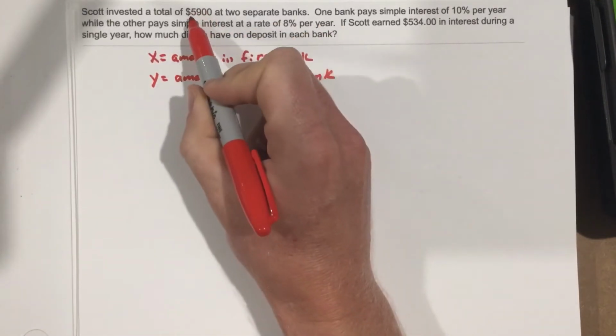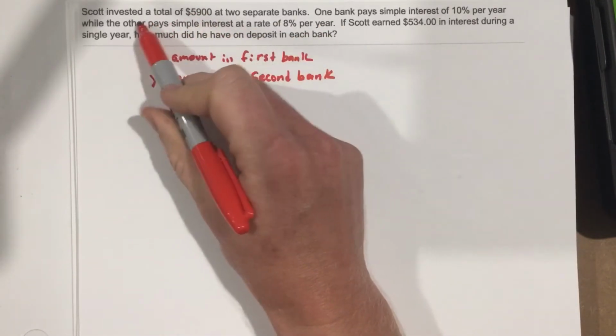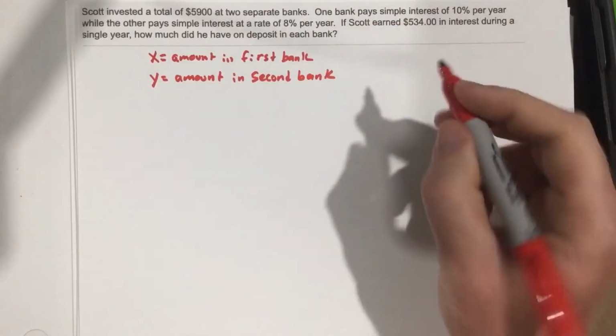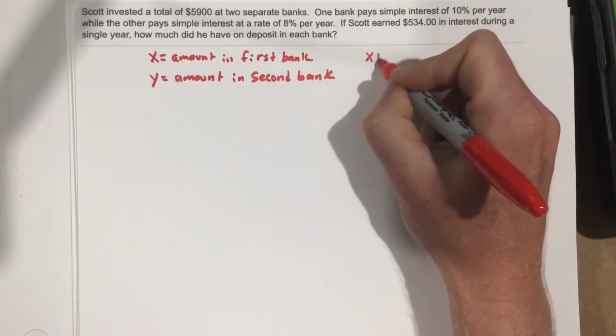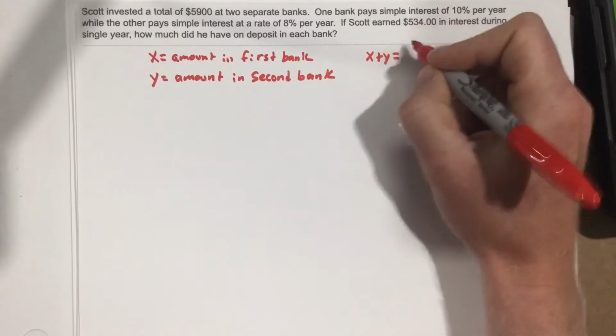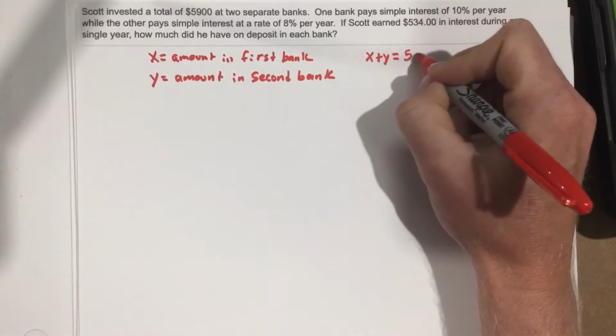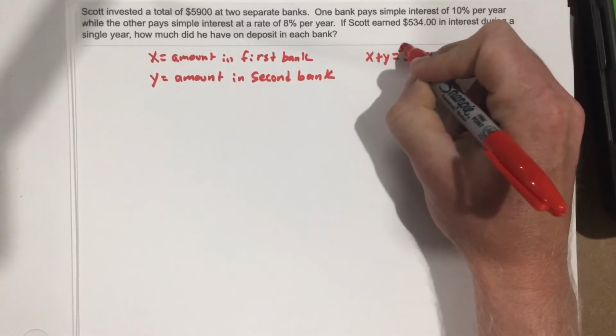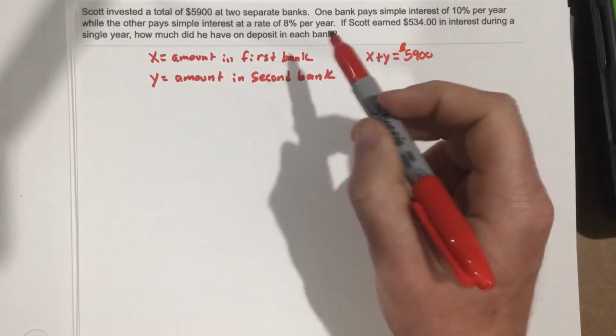They tell us that $5,900 is invested total in the 2 banks. So one of our equations is X plus Y equals 5,900.